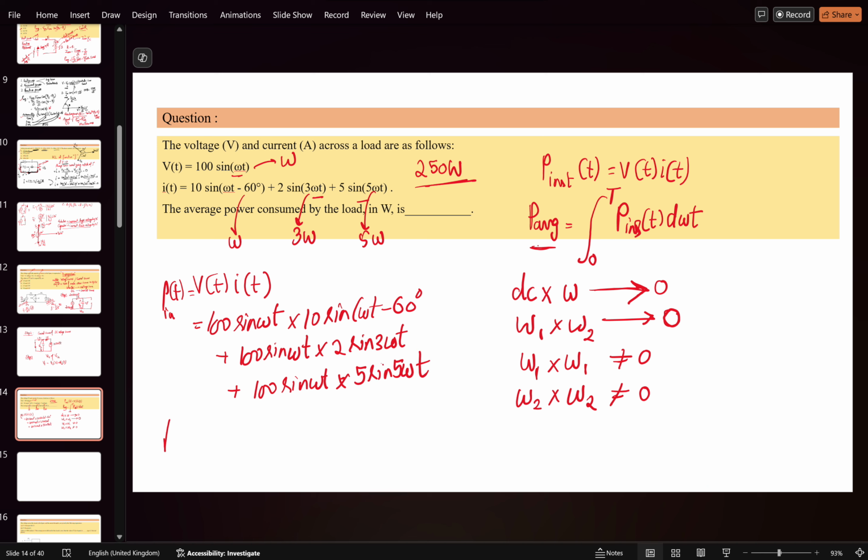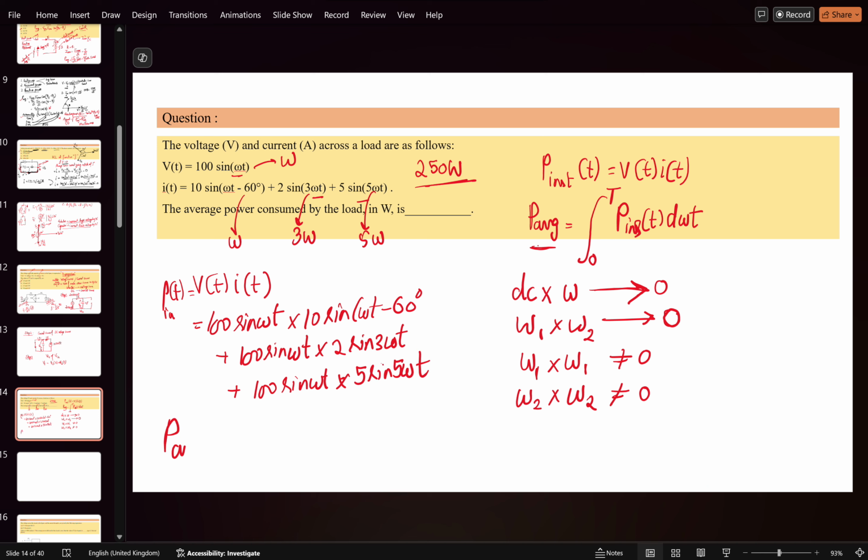When you take the average of it, meaning integrating with respect to t of p instantaneous(t), which terms will become 0? Let me take another pen, let me take the blue here. So this term will become 0. Similarly this term will also become 0 because they are multiplied with a different frequency term. What about this term?